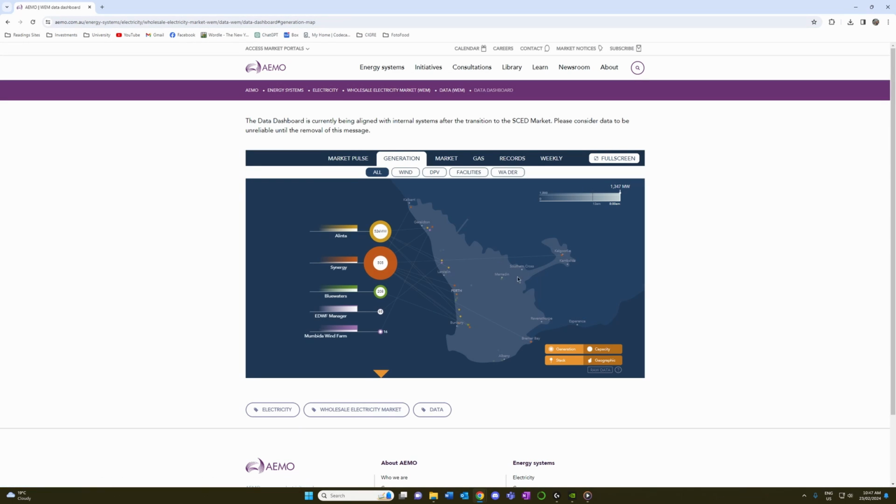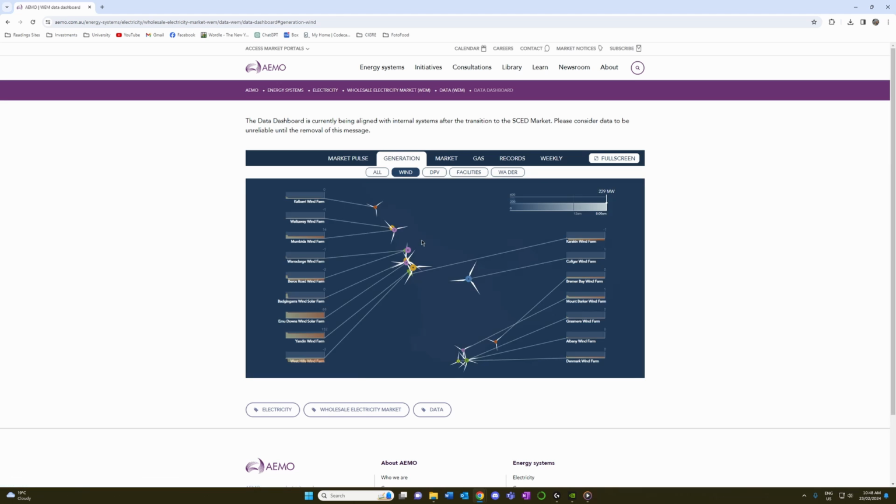Going over into generation, this essentially shows where and what type of generation is currently on the market. You can see Alinta is supplying, so these are different retailers. Alinta 526 megawatts, Synergy is 505, Blue Waters is 208, and then all these smaller ones. And then you can filter down into what type.